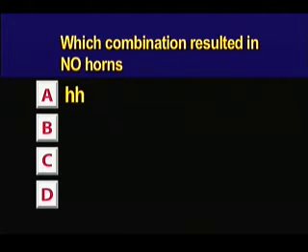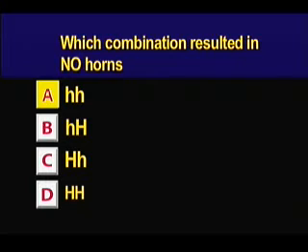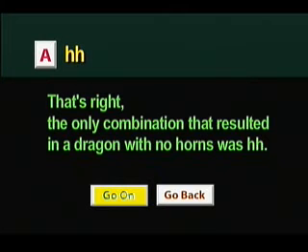A, small h, B, small h, capital H, C, capital H, small h, or D, capital H, capital H. That's right. The only combination that resulted in a dragon with no horns was small h, small h.